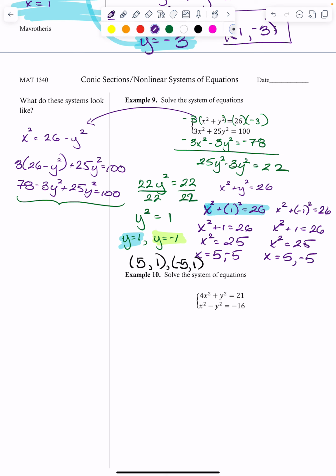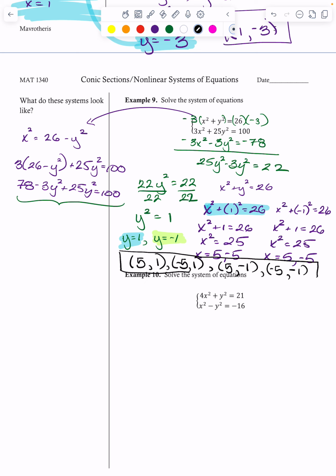Keep in mind, though, this time, y was -1. We got x was 5. Y was -1. We got x was -5. So keep in mind when you're solving for something that is squared, you may have multiple solutions.